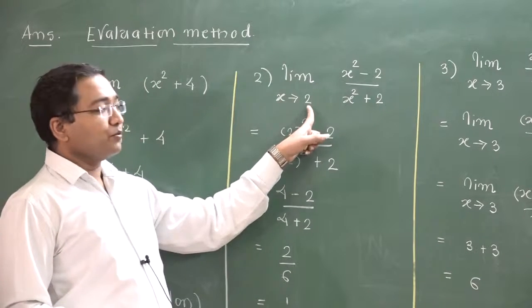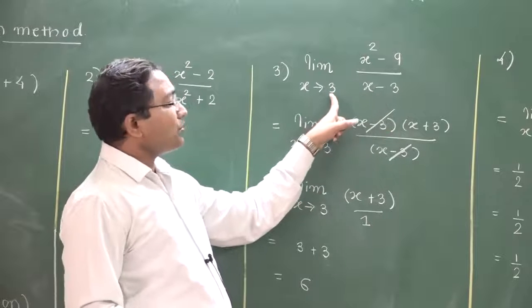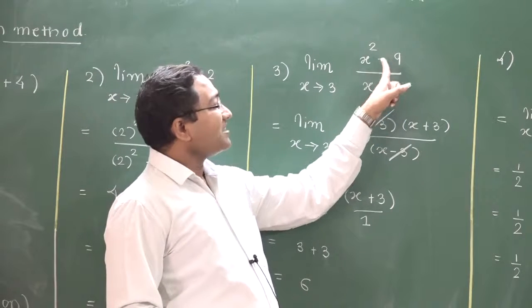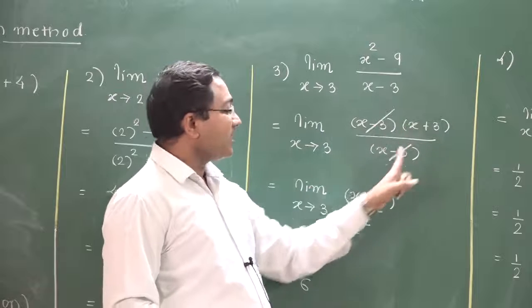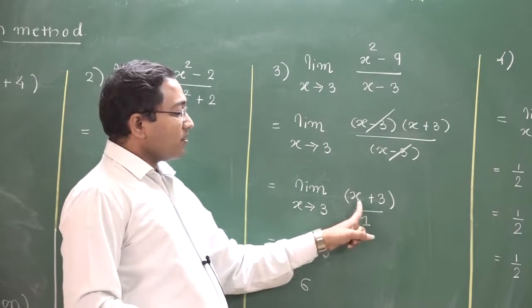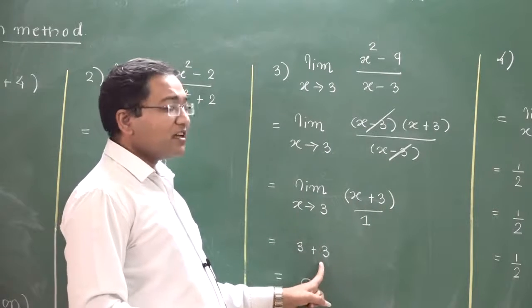Here, the denominator becomes 0 at the point x equal to 3. Then we can factorize the numerator and cancel out the common factors. Hence, we get the function in the form of only numerator, with denominator 1. Then we directly substitute the limit.